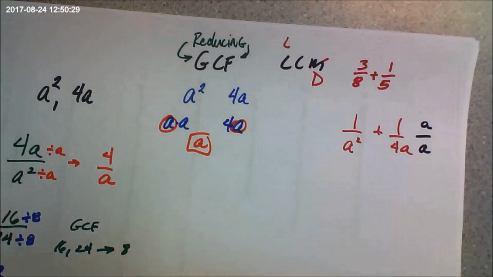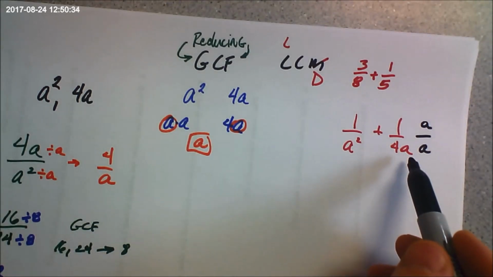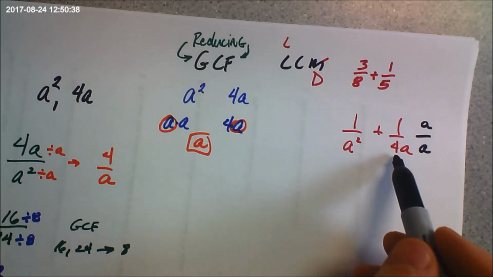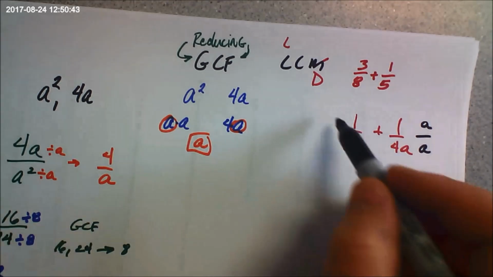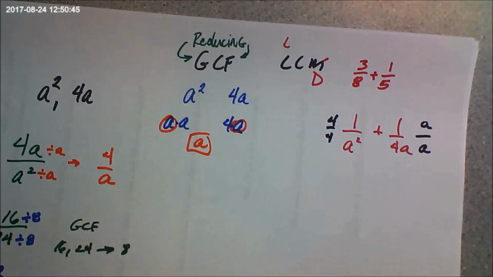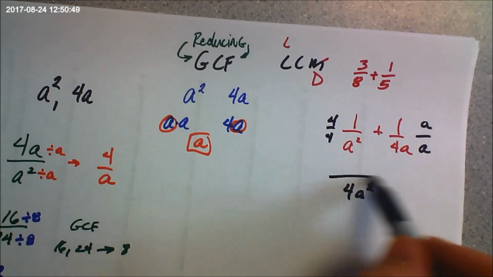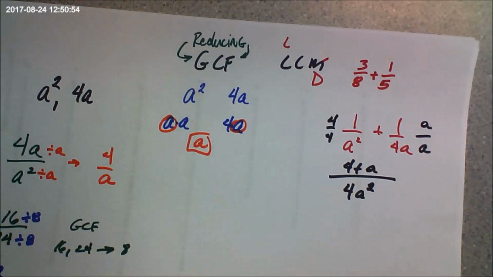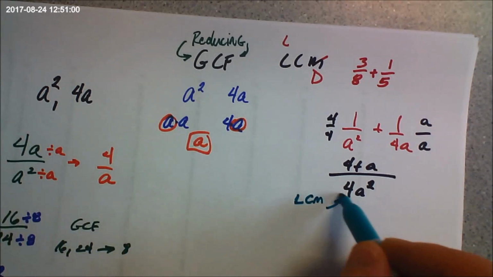So if I multiply this by a over a, we're getting there, because this one now has an a squared. But this one is missing a 4. There's no 4 on this one. It needs to be the same. So I would have to multiply by 4 over 4. Do you see? My common denominator would be 4a squared. And on the top, I would have 4 plus a. That, boys and girls, right there is your LCM.